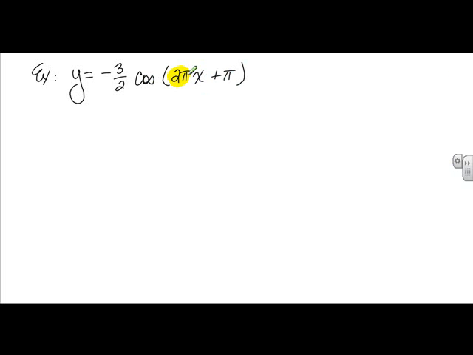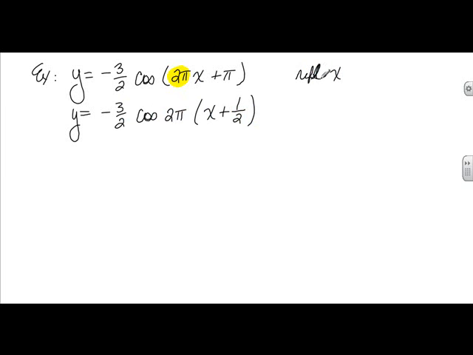So that's what's going to get factored out. To begin with, that'll leave me x plus 1/2. So we have, in this case, reflection over the x-axis, a vertical stretch or an amplitude of 3/2.